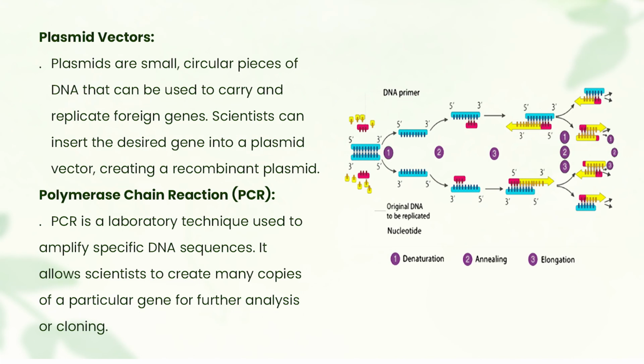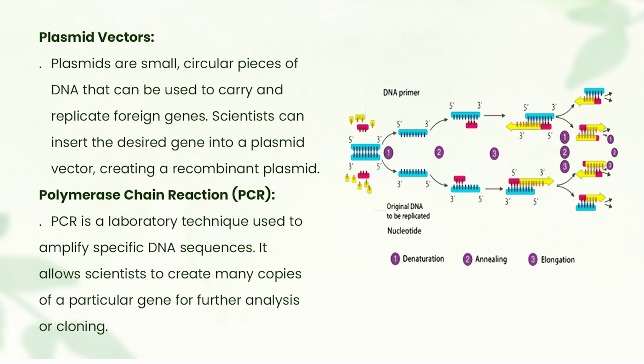Plasmids are small circular pieces of DNA that can be used to carry and replicate foreign genes. Scientists can insert the desired gene into a plasmid vector, creating a recombinant plasmid. Next technique is the polymerase chain reaction or PCR.